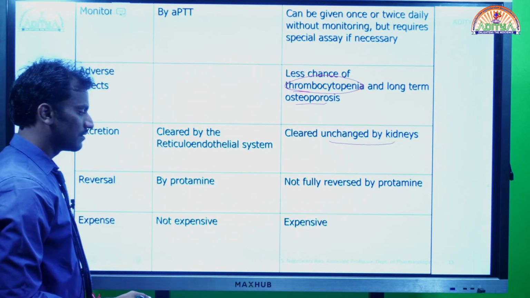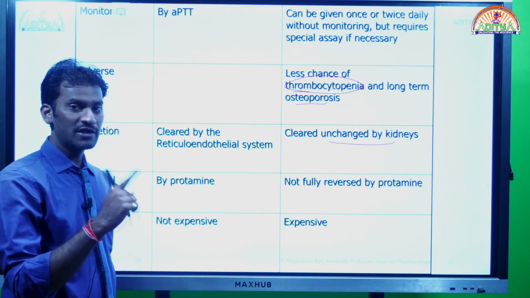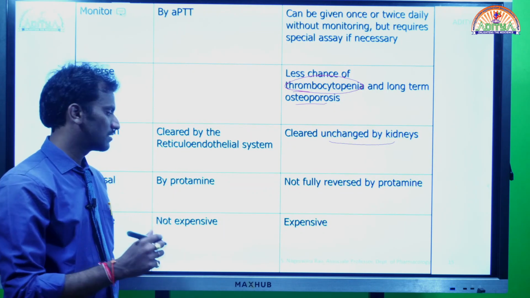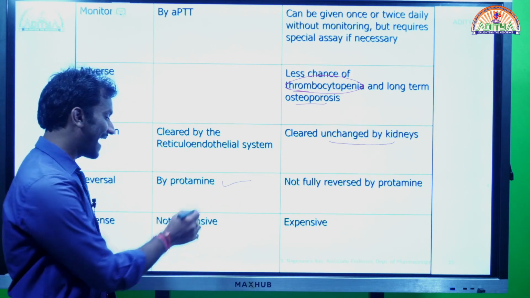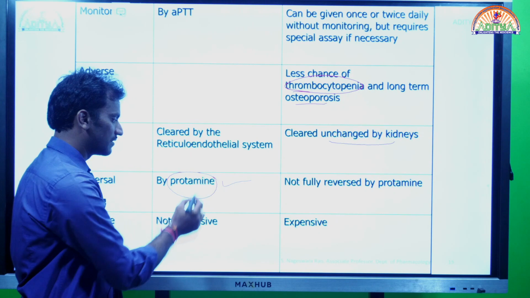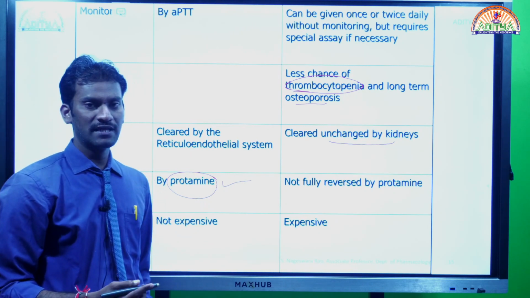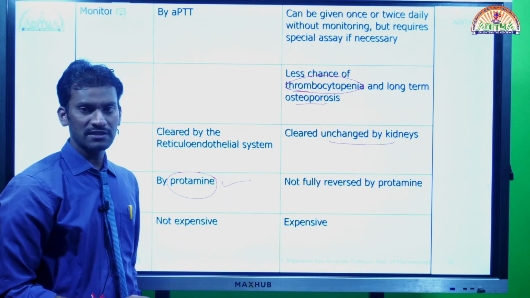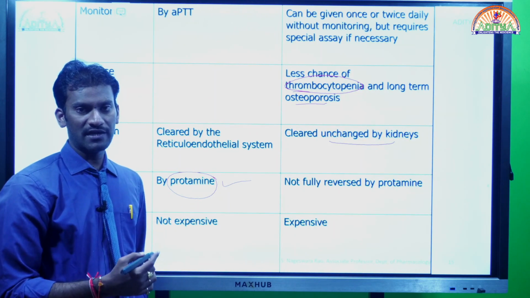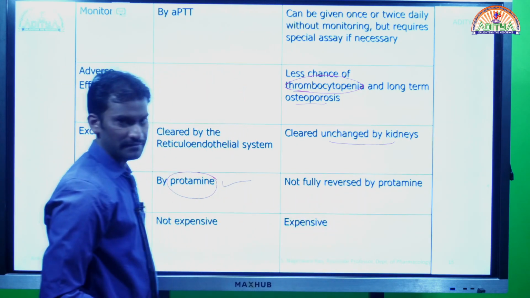Reversal: the action of high molecular weight heparins can be antagonized, or reversed, by administration of protamine sulfate. It is an antidote. Persons at risk from a high dose of heparin can be managed with administration of the antagonist protamine sulfate. It is not fully reversed by protamine in low molecular weight heparins.